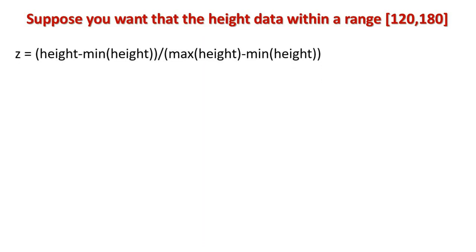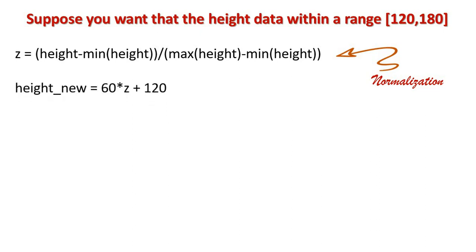So if we want to do this, we will do what is called normalization, and we will use this formula. For the height variable, we will calculate the minimum height using this in R and the maximum height using this in R, and then using this formula we will convert the height data, those 25 values, within the range of 0 to 1. So the new variables will be saved in Z as values lying between 0 and 1.